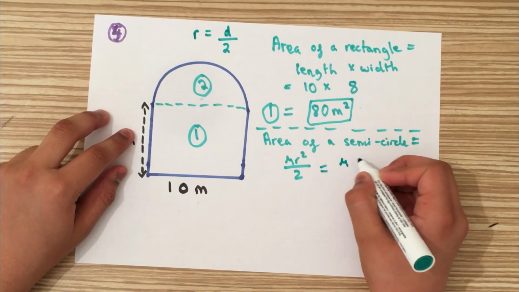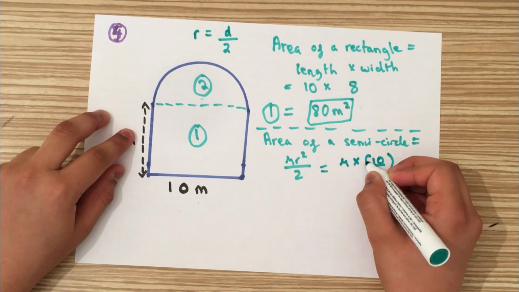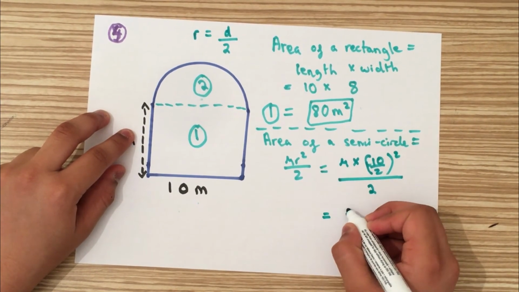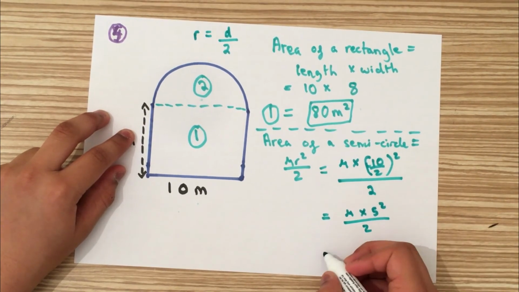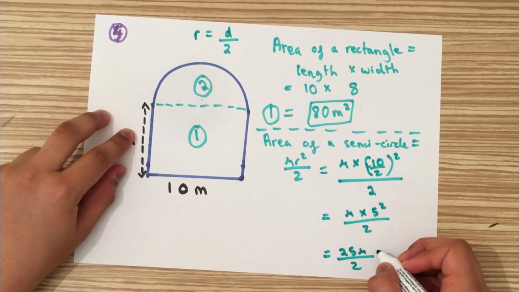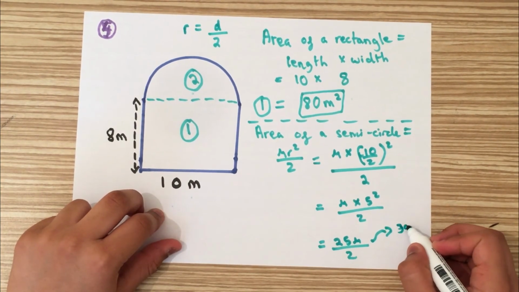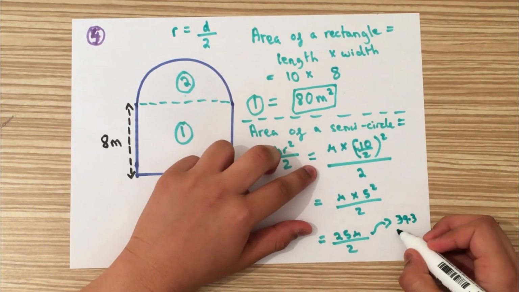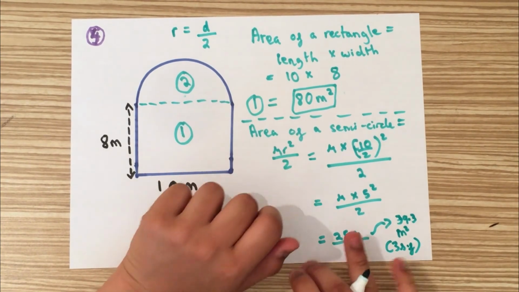So we can do pi multiplied by 10 divided by 2 squared, divided by 2. So it's pi multiplied by 5 squared divided by 2. So it's 25 pi divided by 2. So the answer would be 39.3 meters squared, to 3 SF. We have to include that.